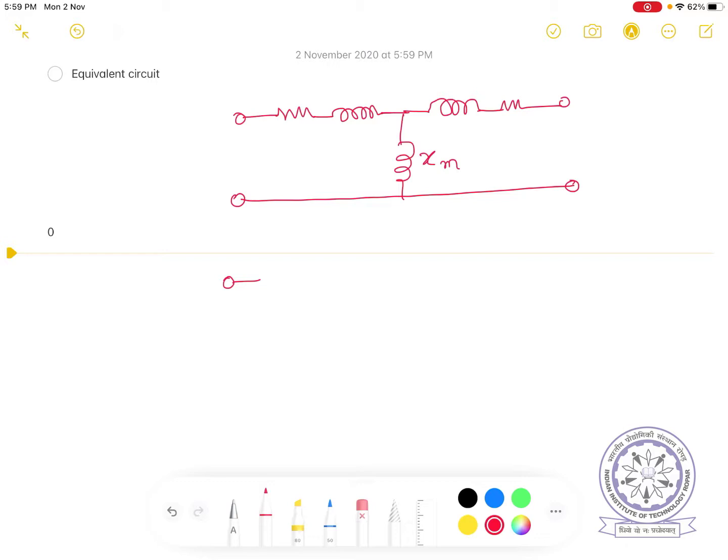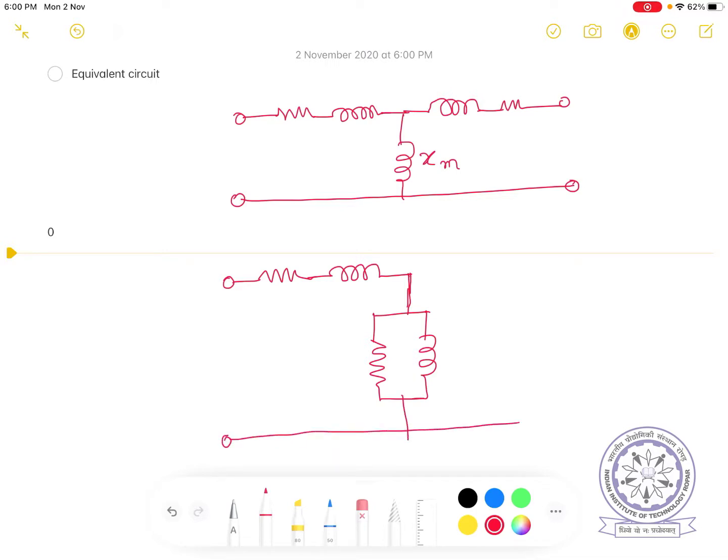So if we account for the core losses, then you have the series resistance and inductance representing winding parameters, and apart from that, in the shunt, the core loss component. This is the core loss resistor, and then the magnetization reactance.